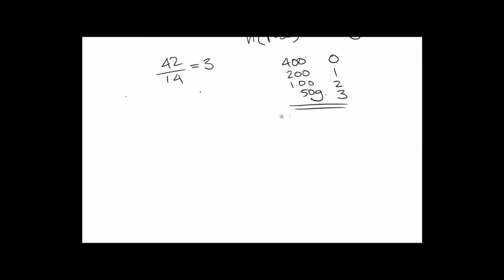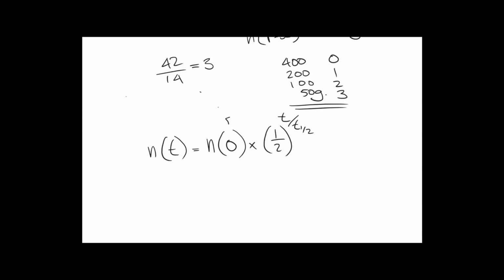The other way of doing it is to use the formula. So the amount of a substance as a function of time is going to be the original amount, when time is 0, times half to the power of the time that's elapsed divided by the half-life of that element.